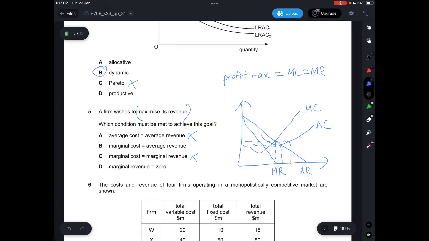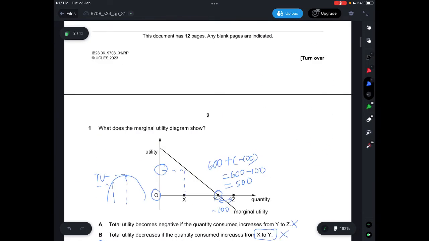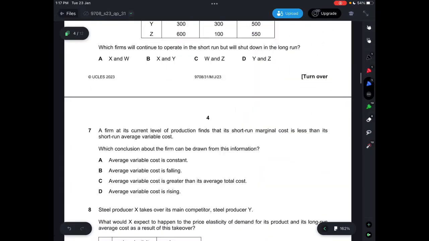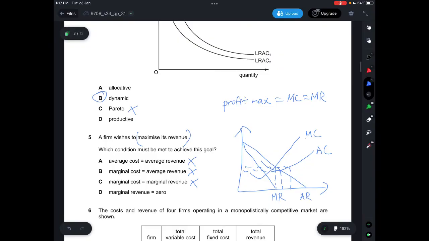If you remember from the first question, when we talked about total marginal utility, the total utility would be at the peak when the marginal utility equals 0. So if you go anything more than that, you end up with a marginal revenue value that is negative, which also means that you'll be decreasing your revenue.